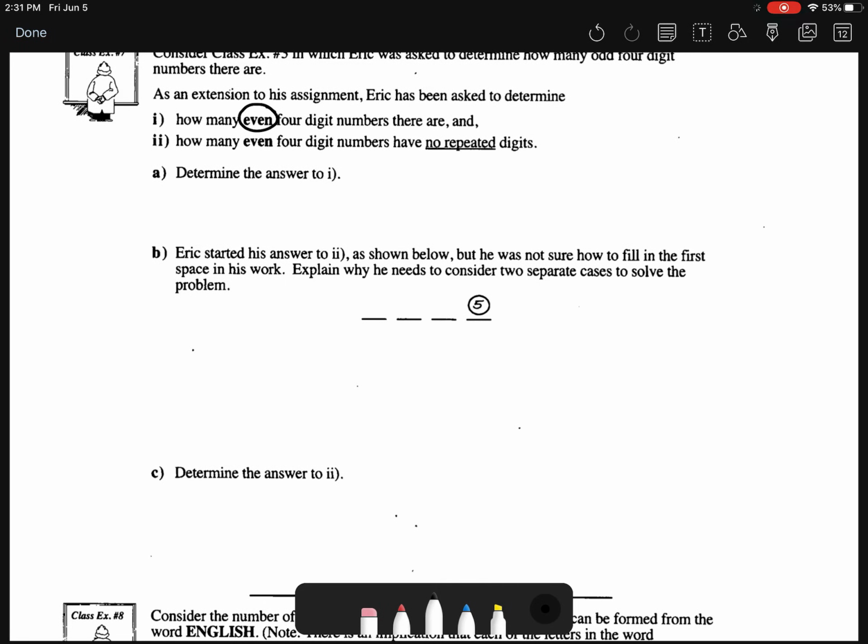So I just want to know how many even, okay, 4-digit numbers there are. So 4-digit number means there are 4 spaces that I have to fill in. It has to be even, right? So when it's even, there are going to be 5 choices, right? Because it can end in 0, 2, 4, 6, or 8.